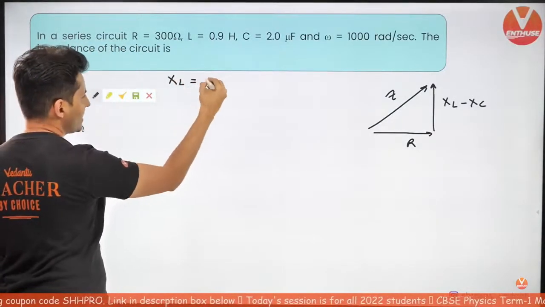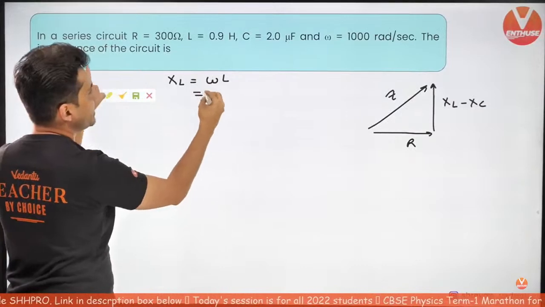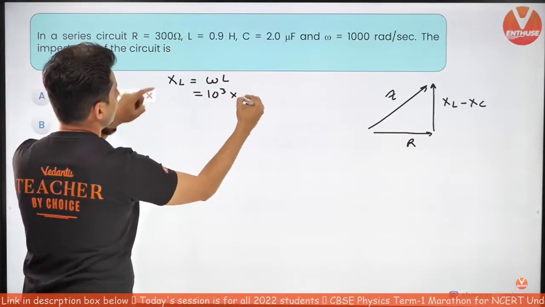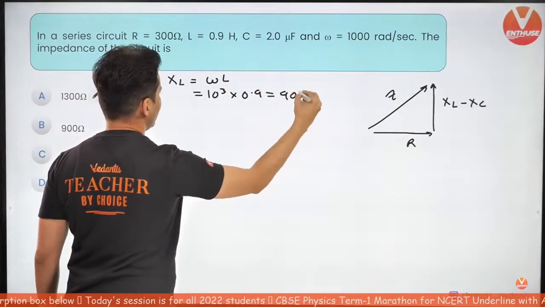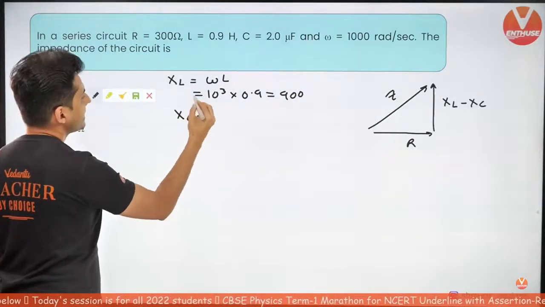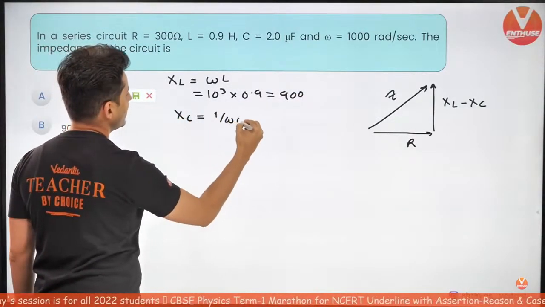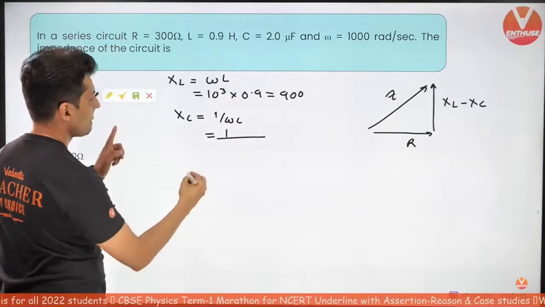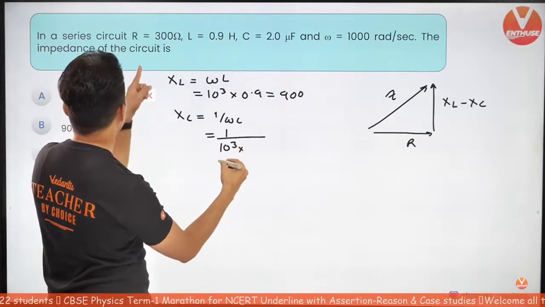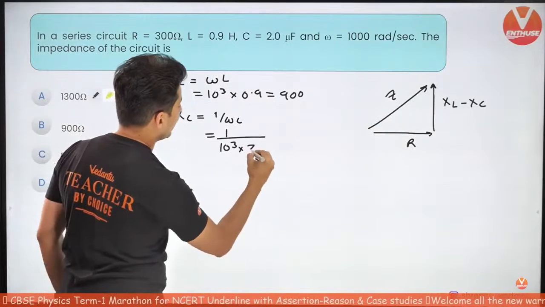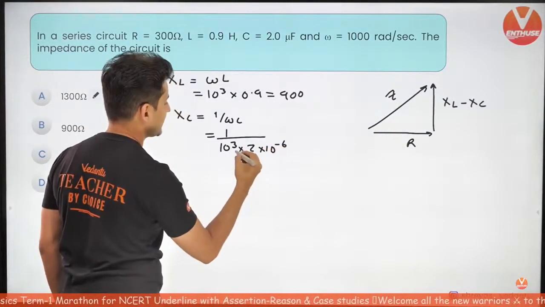Well, XL I just gave you. It is omega L. Omega is 10 to the power 3, L is 0.9. That means it is 900. XC is nothing but 1 by omega C, which means 1 by 10 to the power 3 into capacitance. How much is it? 2 microfarad, so 2 into 10 to the power minus 6.